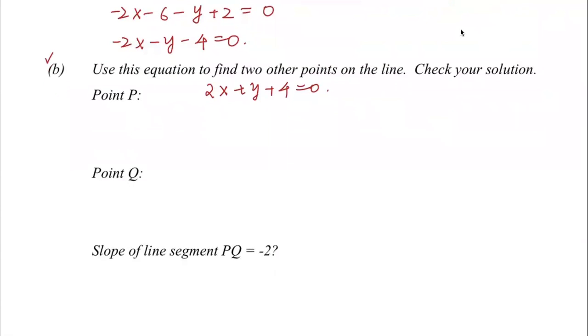So for example, if x is equal to 0, then 2 times 0 plus y plus 4 is 0, and here we find y is equal to -4, which means the point (0, -4) should lie on the straight line if we didn't make any mistakes in the calculation.